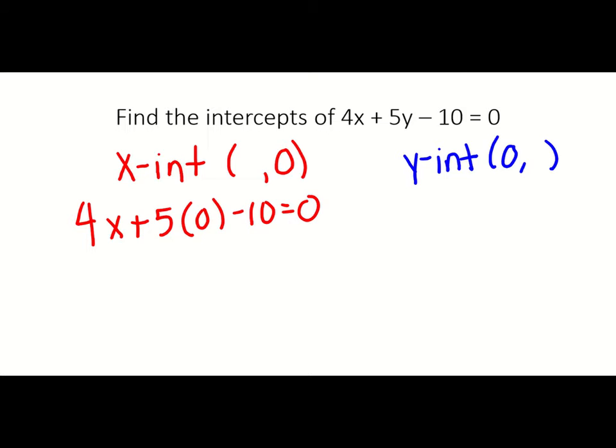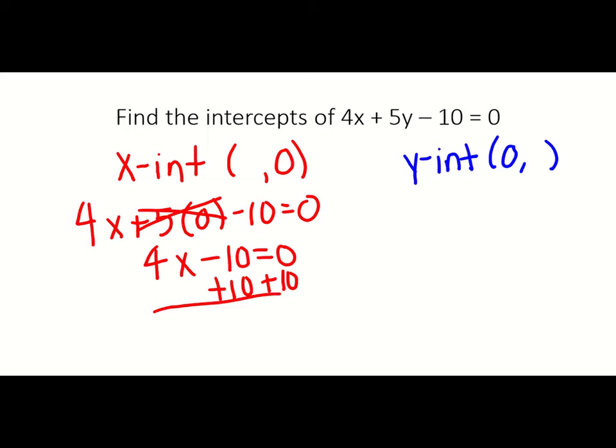When I do that, 5 times 0 would be 0, so that piece will cancel out. So I'm left with 4x minus 10 equals 0. If I finish solving this, I'd add 10 to both sides to have 4x equals 10, and then divide by 4.